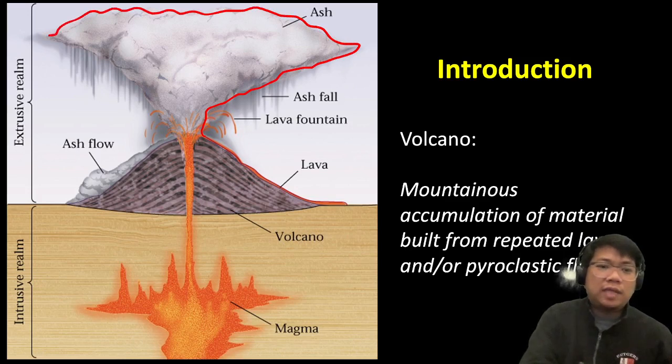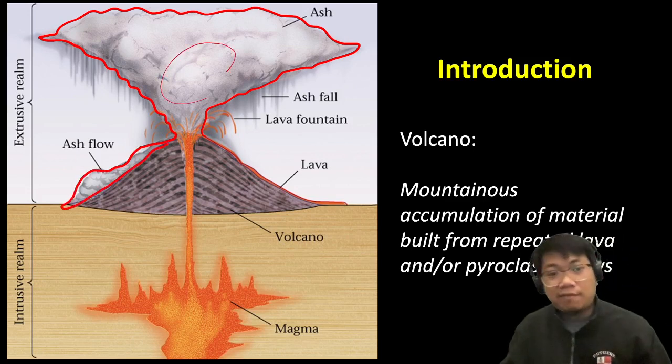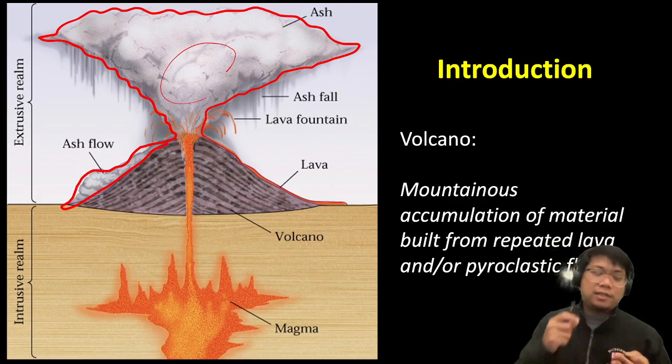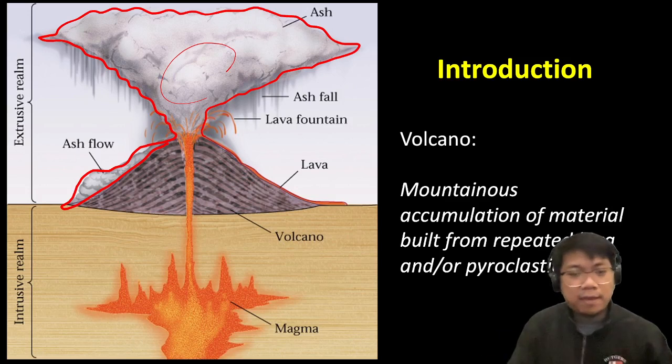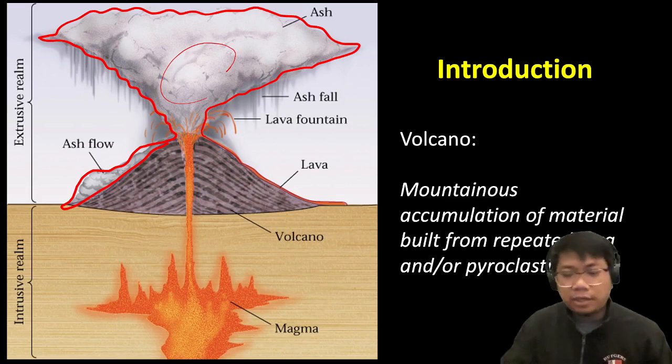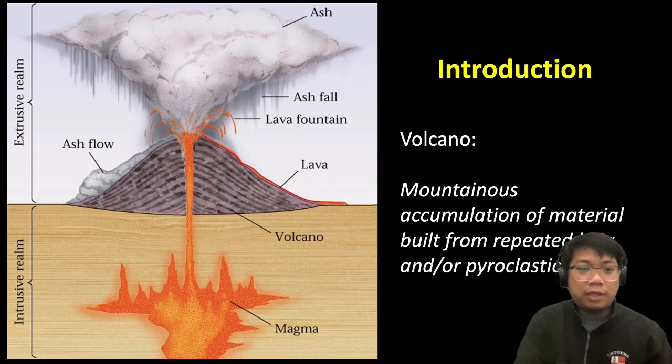And that would include the ash cloud right here, as well as the ash flow on the side of the volcano. So all of these clouds, which in fact is actually a mixture of many things: ash, rocks, gases, and many things really, but they will be considered as pyroclastic materials. So again, volcanoes are just a buildup consisting of either lava or pyroclastic flows.